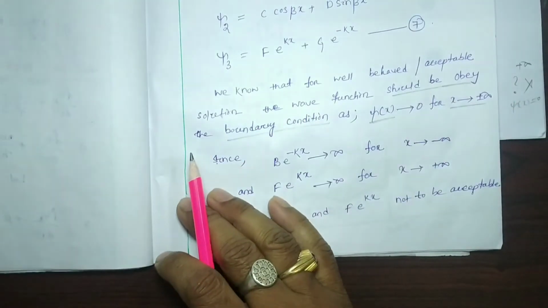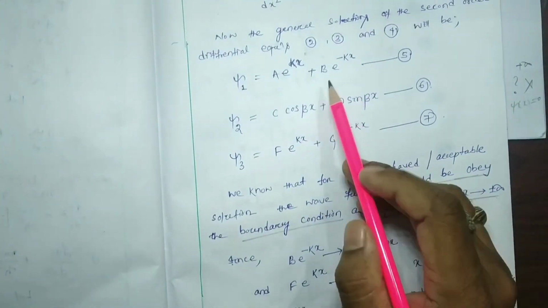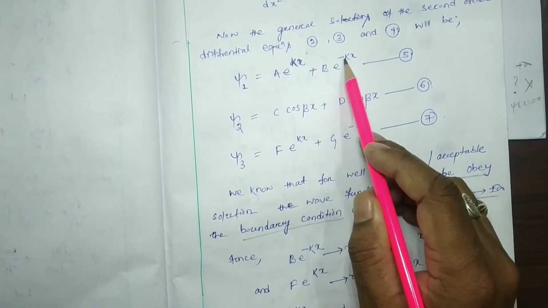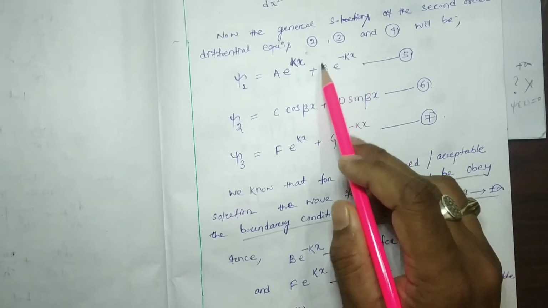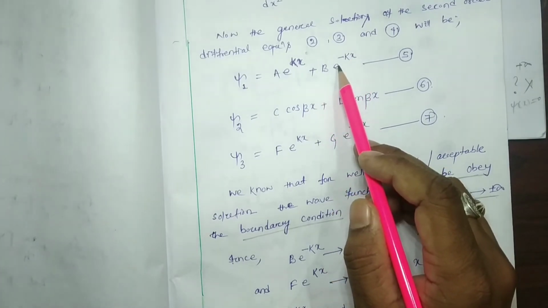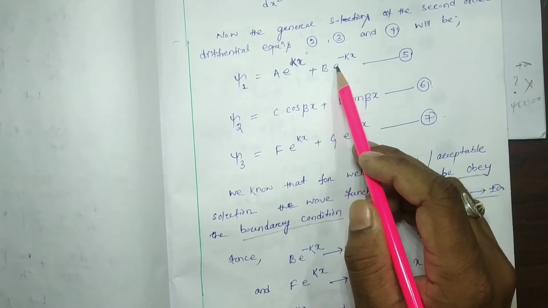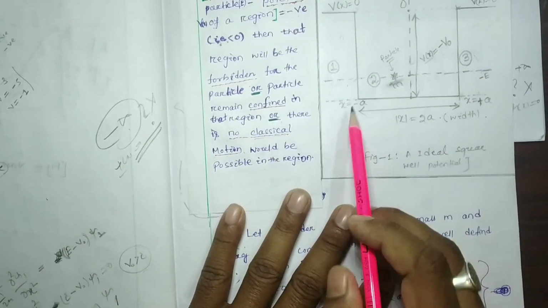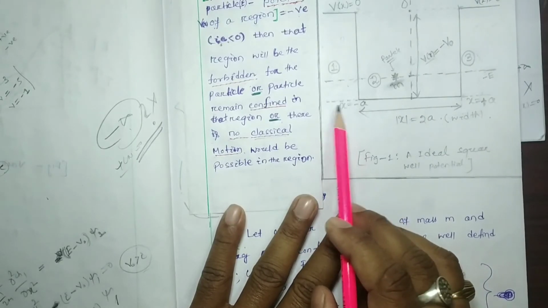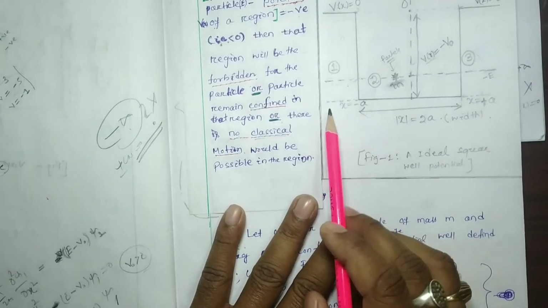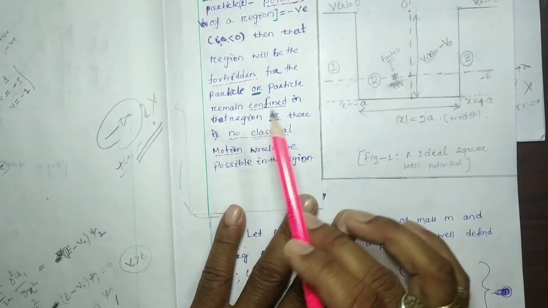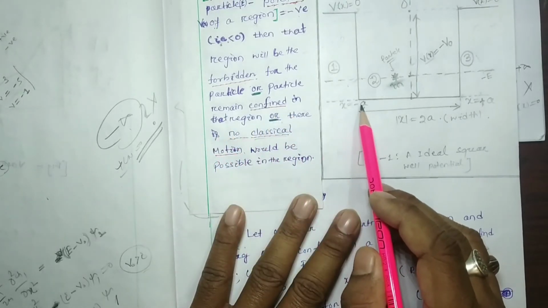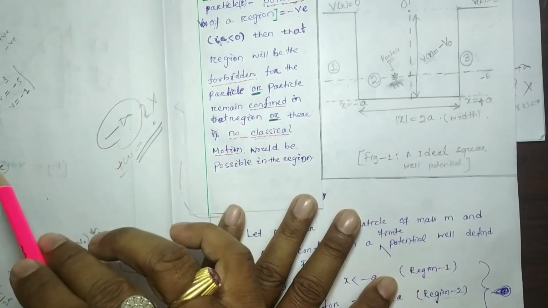Now we consider b e to the power minus kx, which is one part of the wave function of region 1. Region 1 means this one, where x is negative, at minus a, and on this side the magnitude of x increases. Suppose it is minus 2, minus 3, minus 5, up to minus infinity.